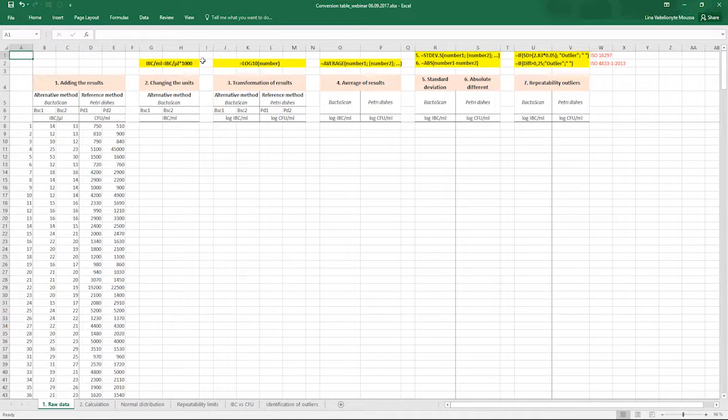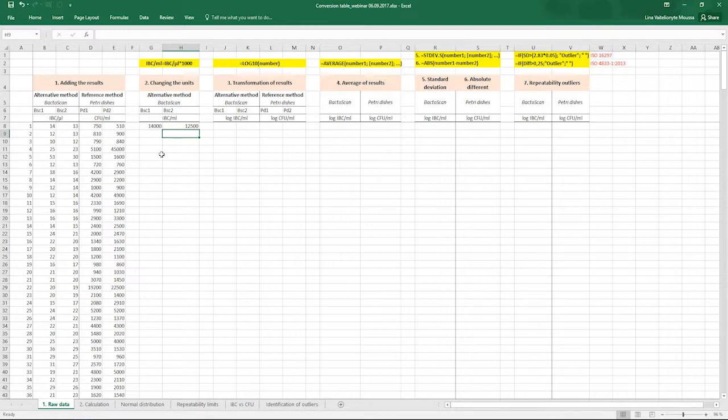Here on the top, you can see the highlighted formula for the calculation. If we take, for example, the first sample from BactoScan and the first replicate, and multiply it by 1000, we get 14,000 IBC per milliliter. The same we do with the second replicate of the first sample, multiplying by 1000, and you get 12,500 IBC per milliliter.